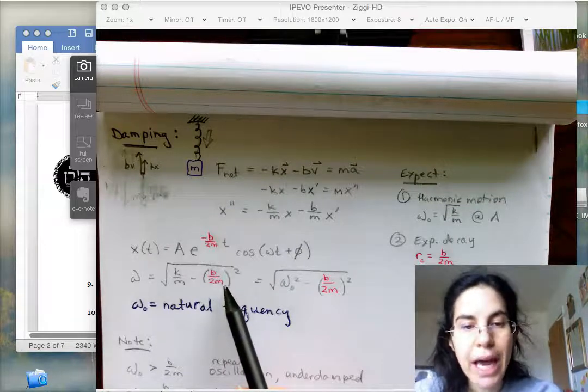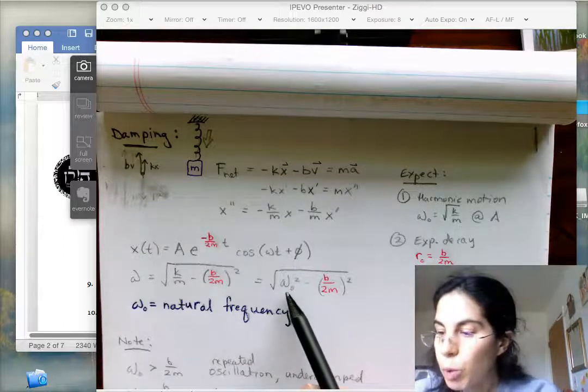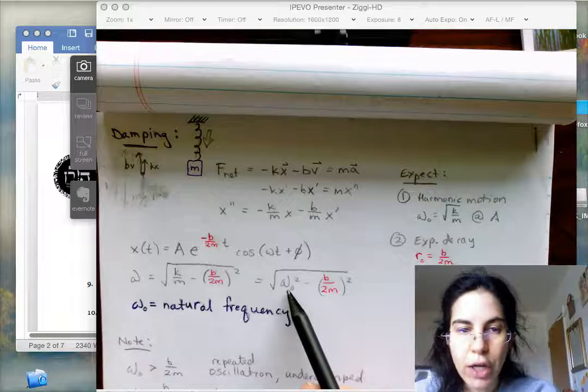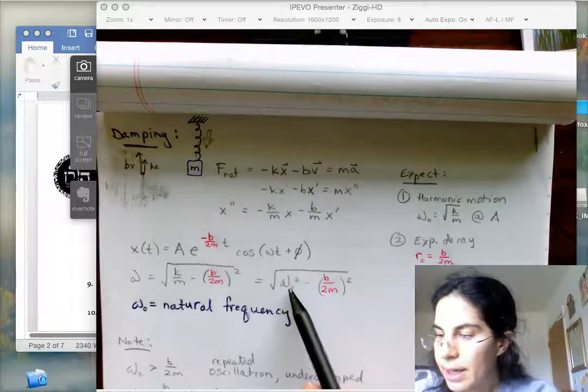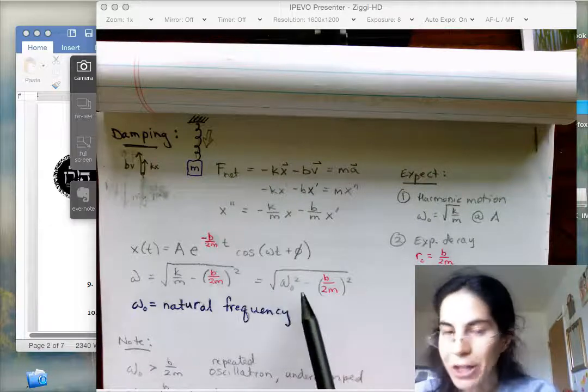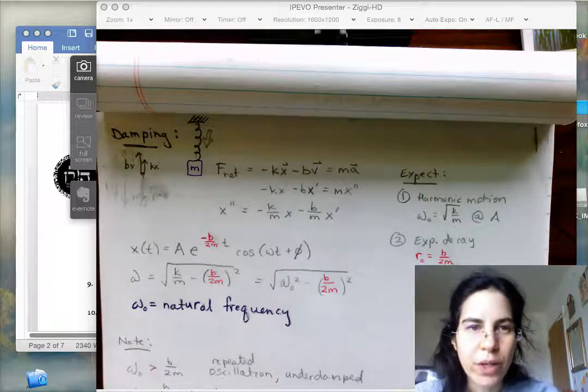And we're going to get so tired of saying square root of k over m, too many syllables, we're going to call it omega naught, so that these two terms match up. And this omega naught is our definition of the system's natural frequency.